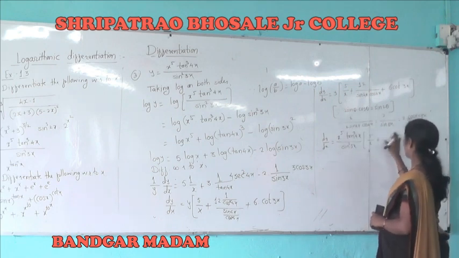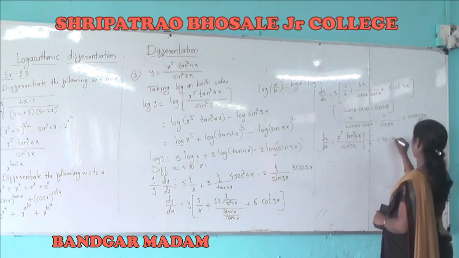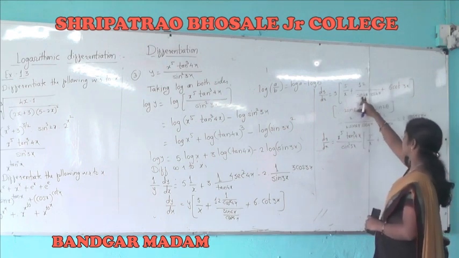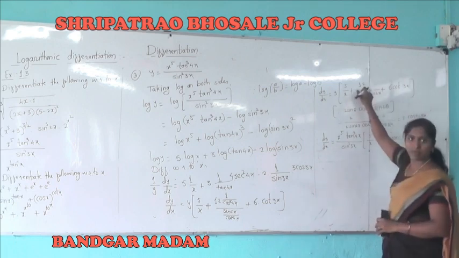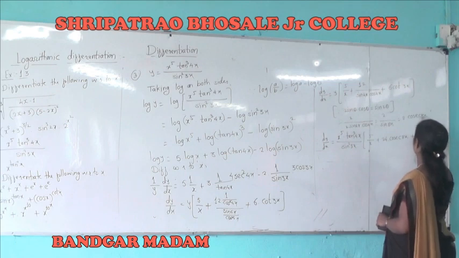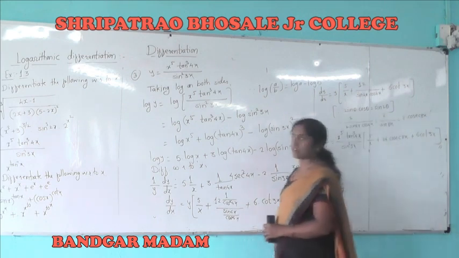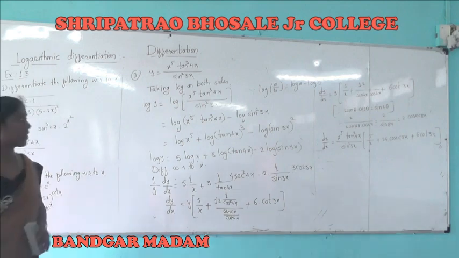So 2 into 12 will be 24 cosec 8x. Now this 1 upon sin 4x cos 4x is 2 cosec 8x. 2 into 12 will be 24 cosec 8x plus 6 cot 3x, which is our required dy by dx for the third question.